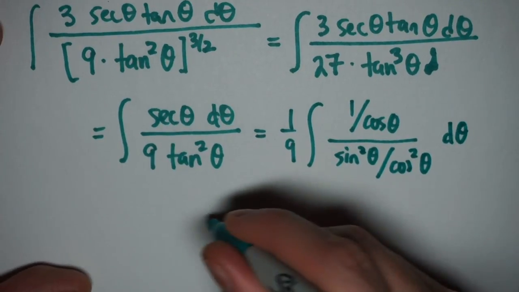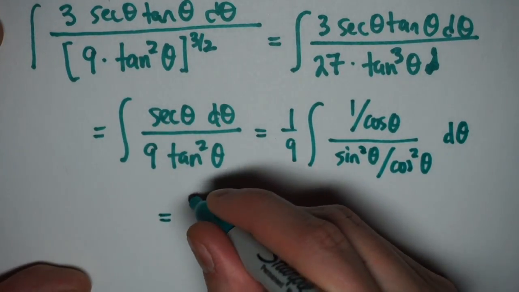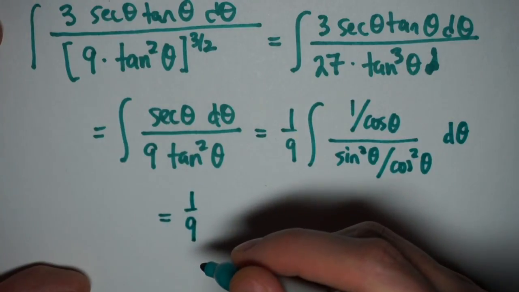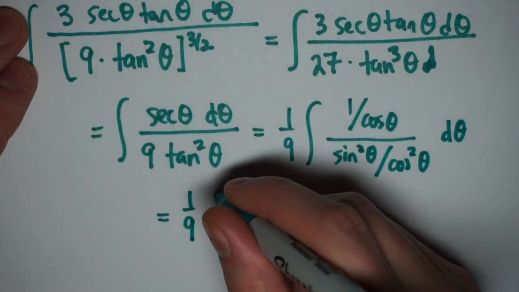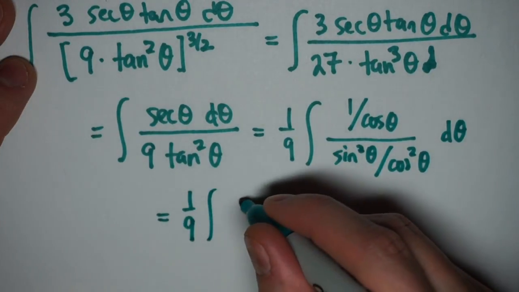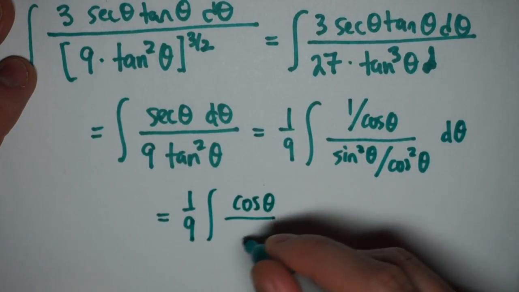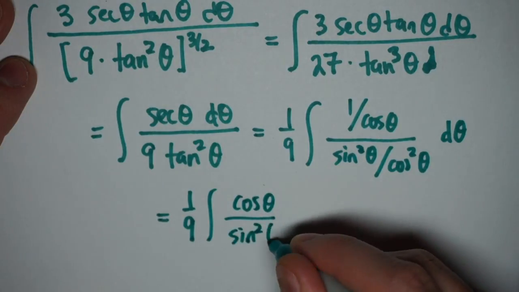And then we reduce this complex fraction, and we end up with 1/9 the integral of cosine of theta divided by sine squared of theta, d theta.